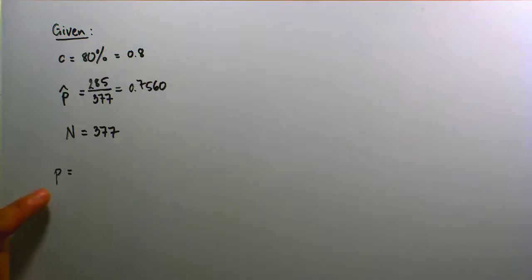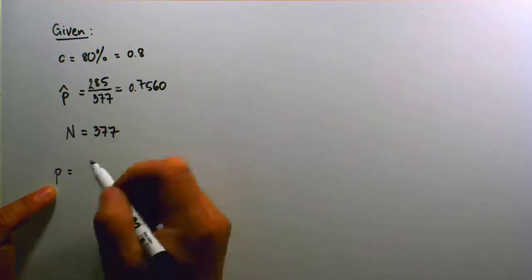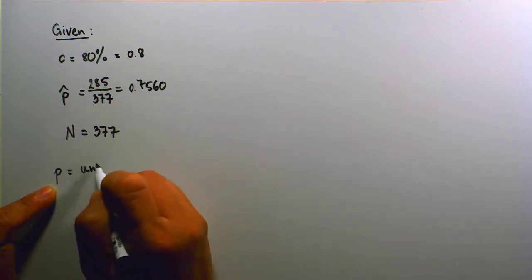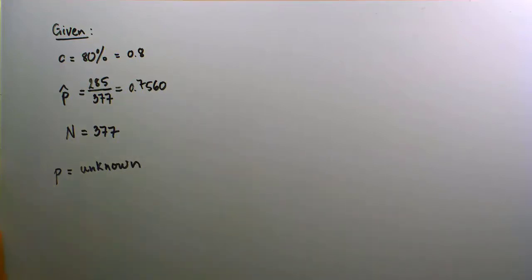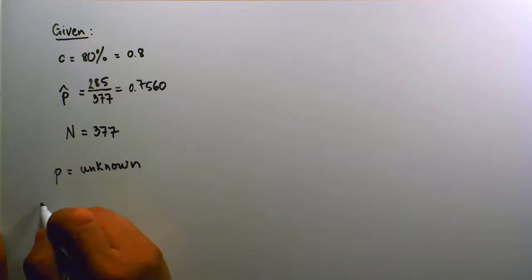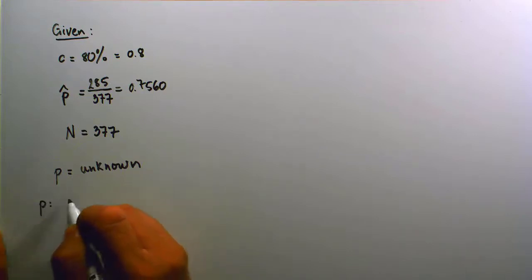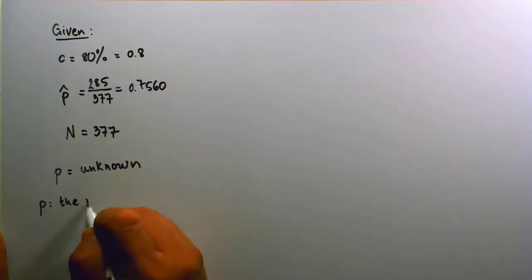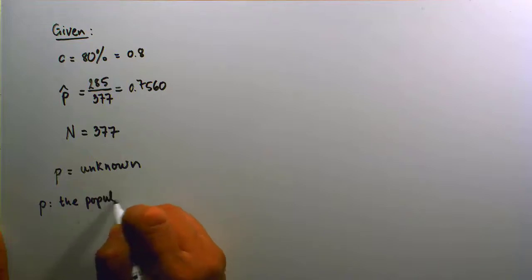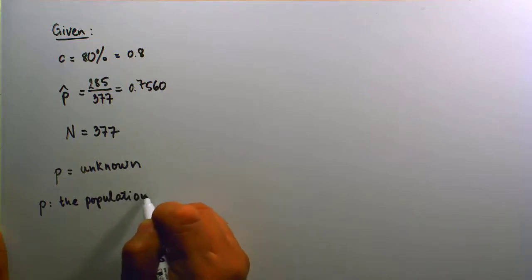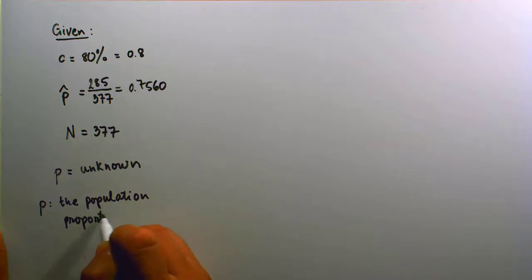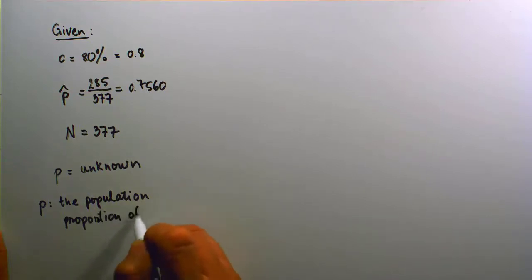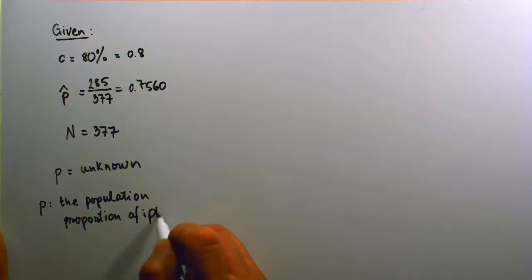So this true proportion, or in other words, the population proportion, is unknown. And that is the population parameter to be estimated, and P here is the population proportion of iPhone users.